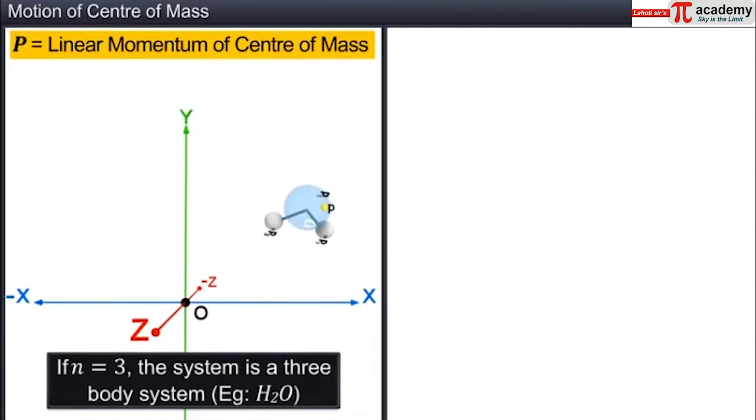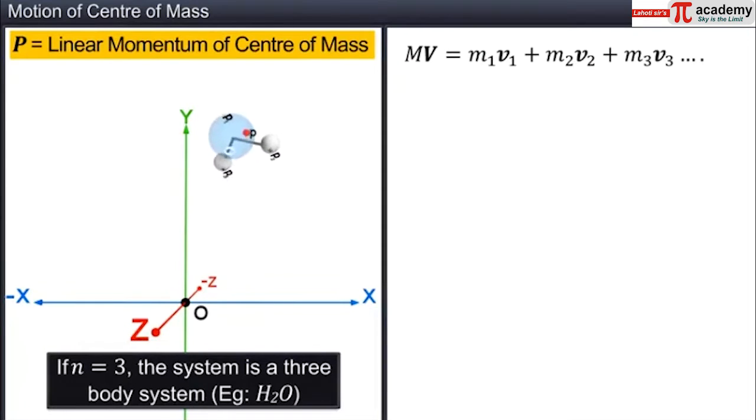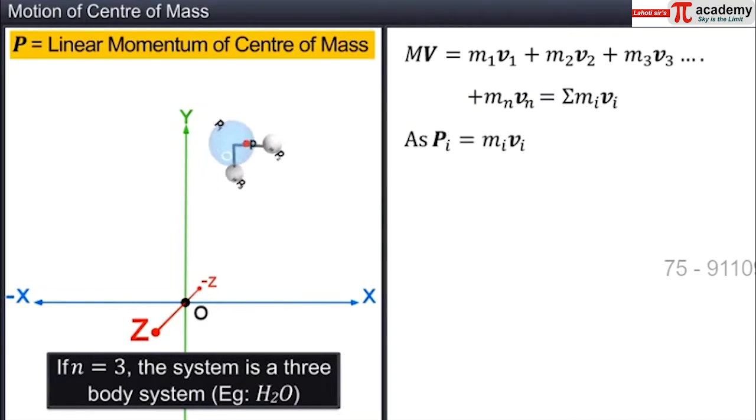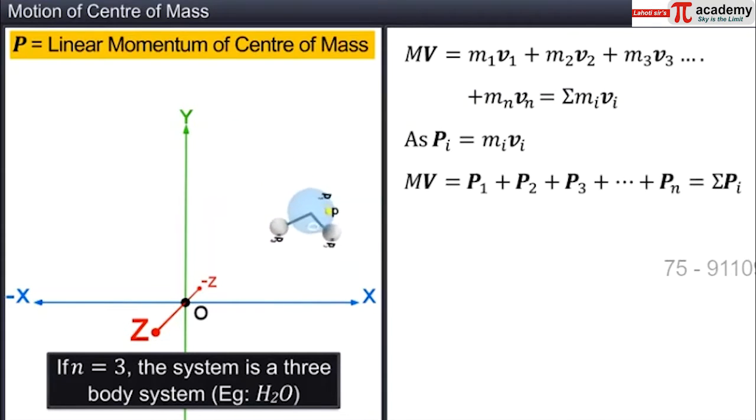We know that mv is equal to m1 v1 plus m2 v2 plus m3 v3 and so on, plus mn vn, which is equal to sigma mi vi, as pi is equal to mi vi. So mv is equal to p1 plus p2 plus p3 and so on, plus pn, which is equal to sigma pi.